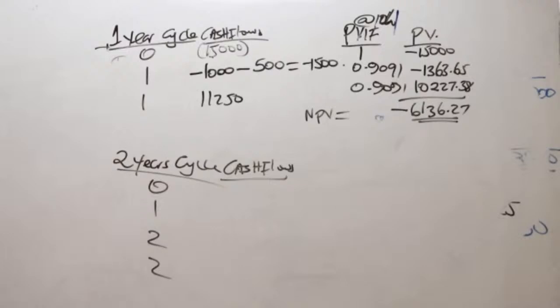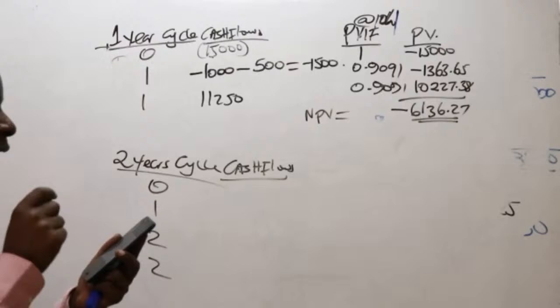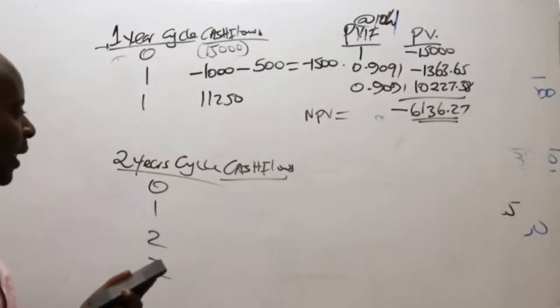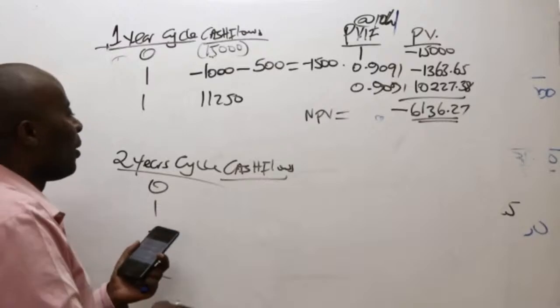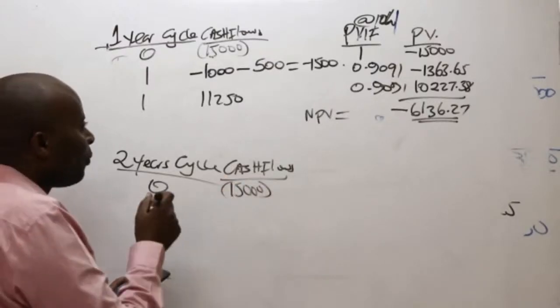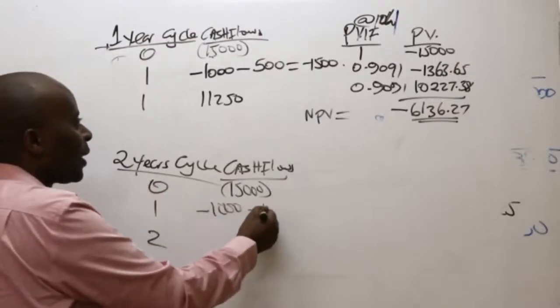So, ladies and gentlemen, let's look at year number 2 together. For year number 2, we have this servicing cost, which was 1,000 in year 1. In the second year, it is going to increase by 40%. My 15,000 will still remain. At the end of year 1, I still have minus 1,000, minus 500.